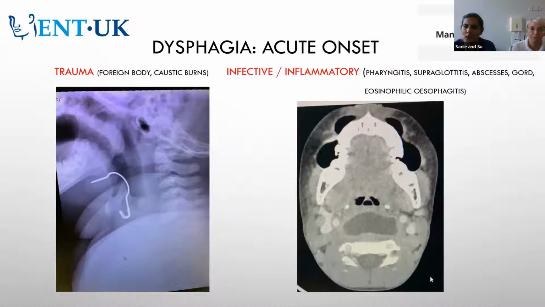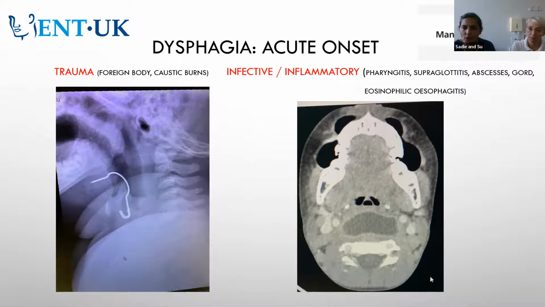As Rupali mentioned, to think about dysphagia is really to divide it by onset. And an acute onset, for all of us who do ENT, really breaks down into trauma and infective and inflammatory. So the picture on the left, guess what? It's a safety clip in a little child, and this only came in a couple of weeks ago.